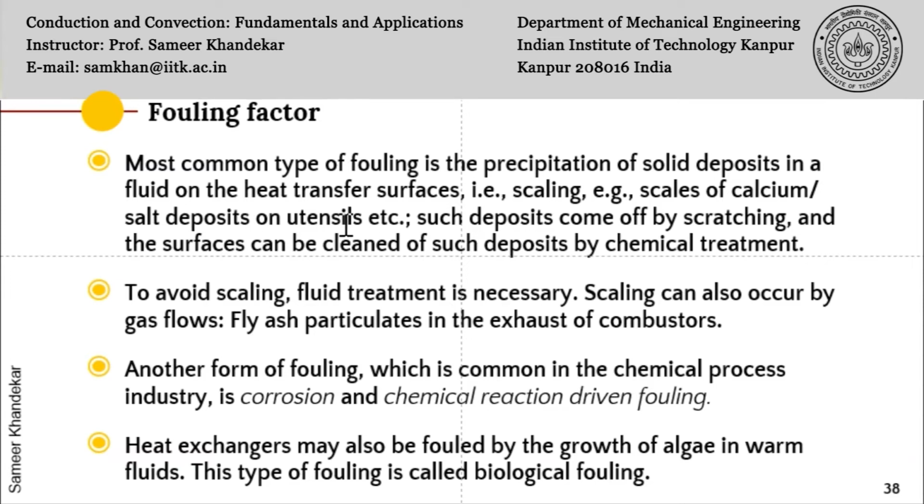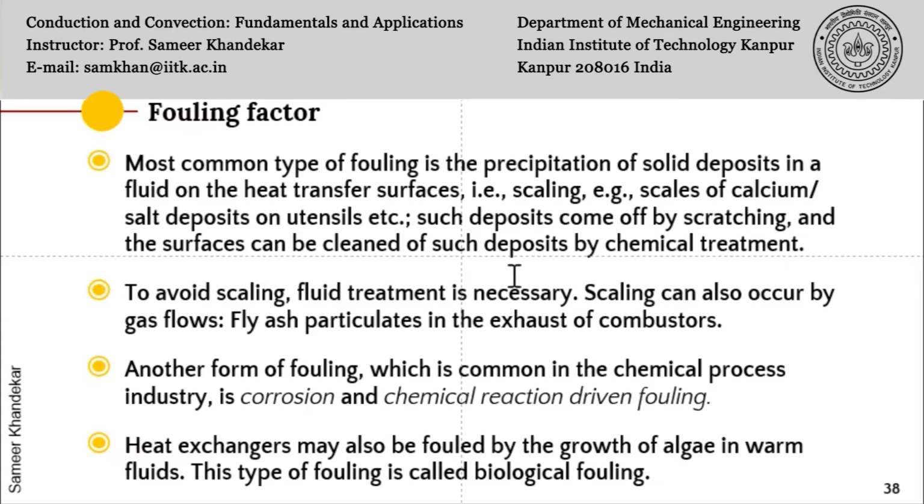Such deposits come off by scratching. Sometimes they are very difficult also. Sometimes some acid treatment, you must have seen your mother cleaning it with lemon juice, or some mild acid treatment can be done. That is the chemical treatment part of it.